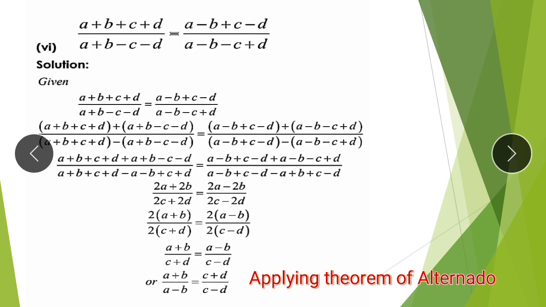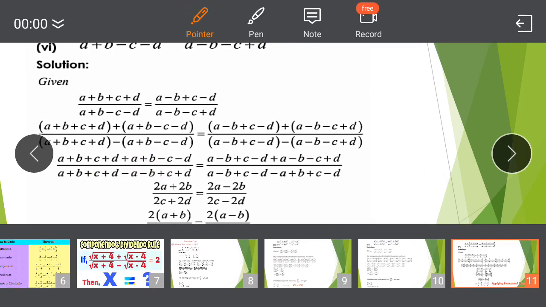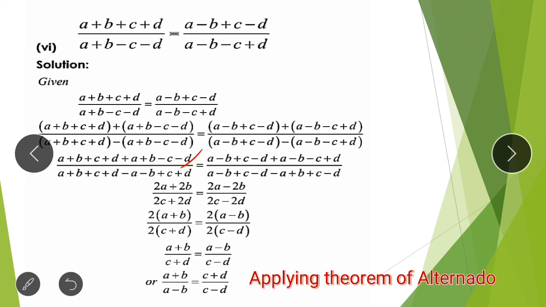Okay. Here now let's see what the like terms are and what terms can get cancelled. You can see that d and d will get cancelled here. C will get cancelled with C. So what is left? 2a and 2b. Here we can see minus b.